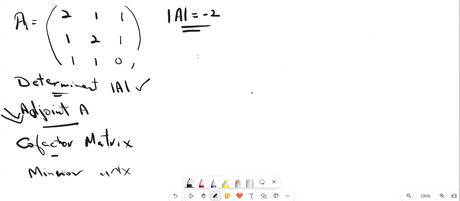So for this 2 here, if I were to cross out that and that, this is my minor matrix of this element 2, right? This is like a submatrix that you get, right? And you calculate the minor from it. So you have to actually find the determinant of 2, 1, 1, 0, right?